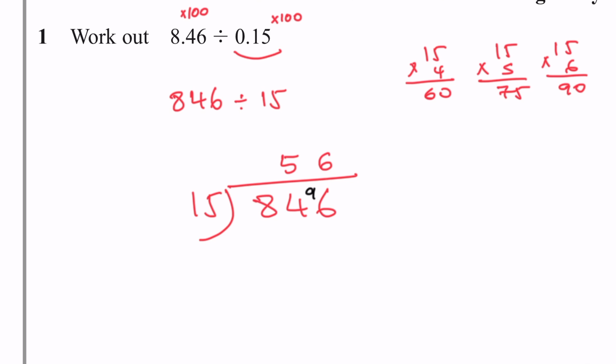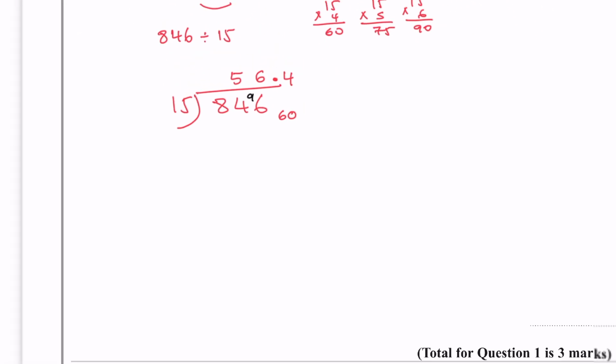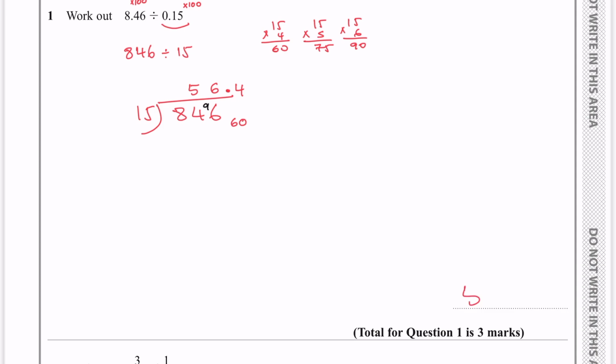The remainder will be 6. So you have to carry on. So you have to borrow 0 and put a decimal point. And then divide. 60 divided by 15 is 4. Okay, that's done. The answer for this question is 56.4.